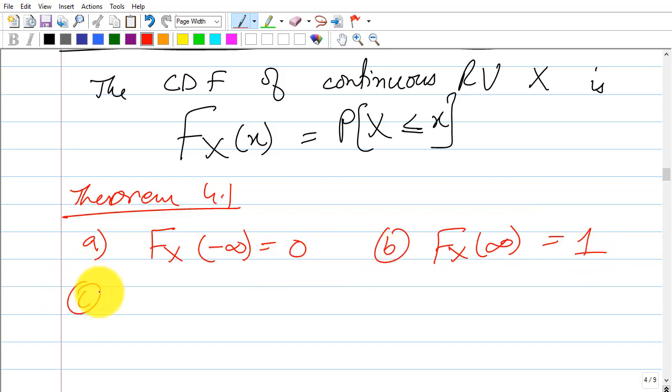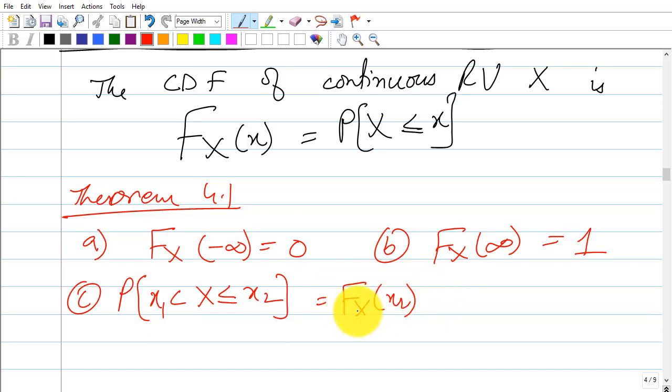And the third property says that the probability of an interval can be easily found by the CDF value at the second point minus the CDF at the first point. That will give me the probability over this range.